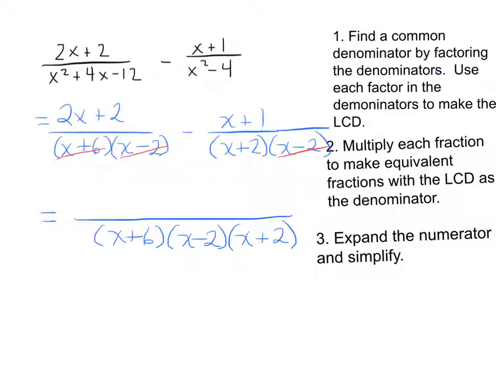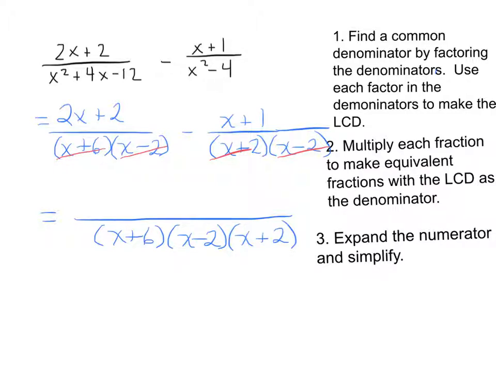And then we need to figure out what we have to multiply by. It says multiply each fraction to make equivalent fractions with the LCD, which stands for lowest common denominator, as the denominator. So we want to take this fraction that has x plus 6 times x minus 2 on the bottom and change that bottom to x plus 6, x minus 2, x plus 2.